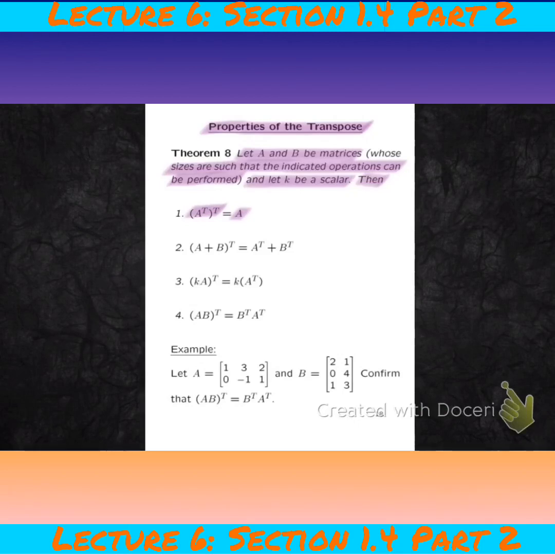Then the transpose function distributes over a sum between two matrices. So the transpose of the sum is the sum of the transposes. Okay, and if you take a scalar multiple of a matrix and you take the transpose, then the transpose has no effect on the scalar, and it just distributes into the bracket, and it works on the matrix itself.